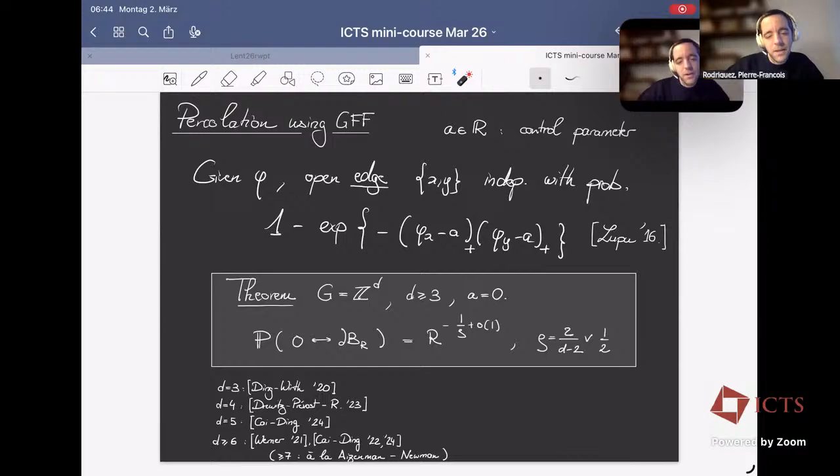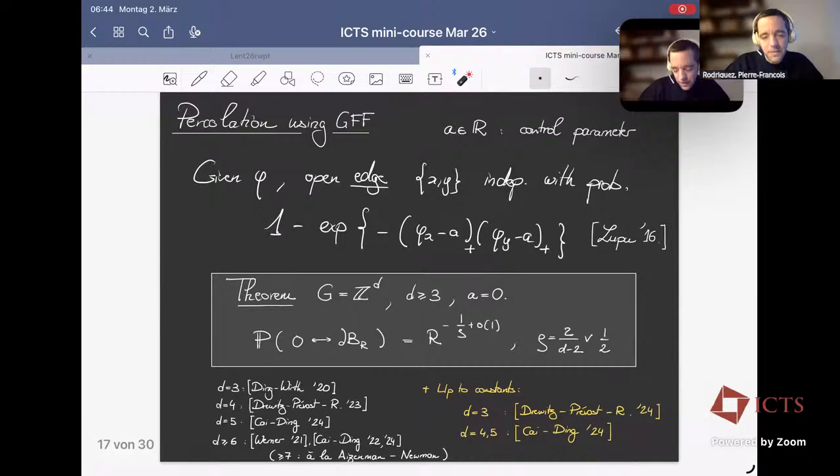In dimension 7 and higher, this is where the first 22 paper is, and also the one by Wendelin. You should think of this as being in the spirit of what Aizenman and Newman did in Bernoulli percolation some time ago.